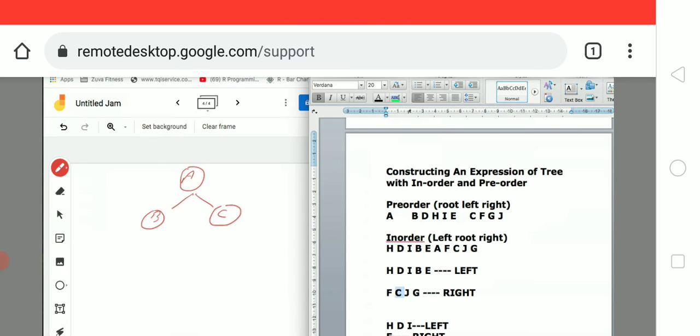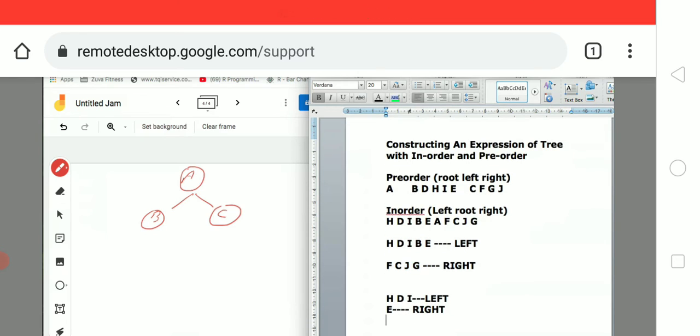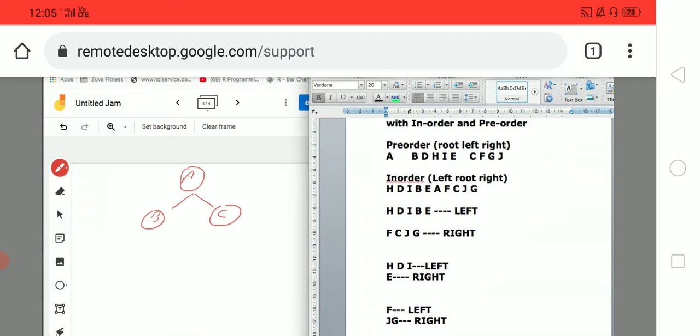Now F is left side and J, G is right side. Now I would like to split here also. So F left side, J, G right side. Now again here I split the elements.